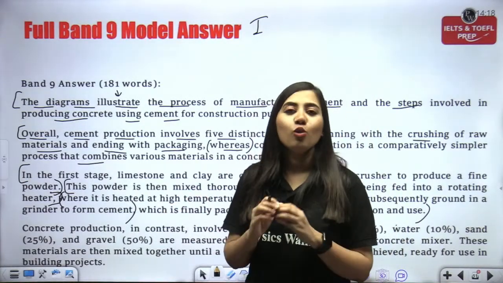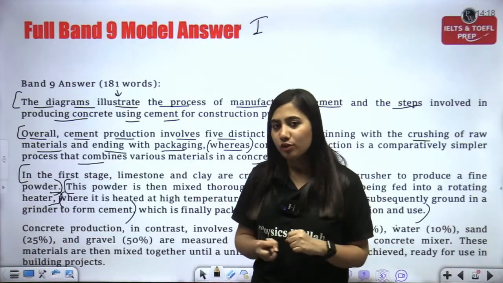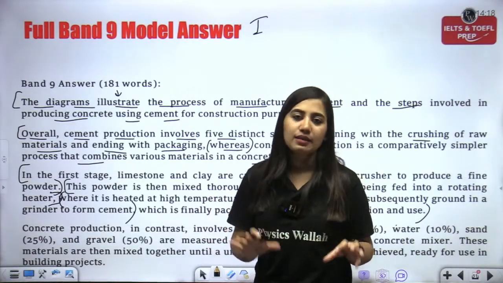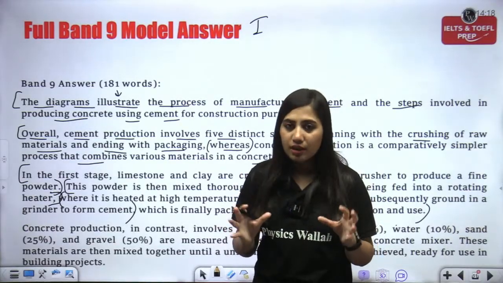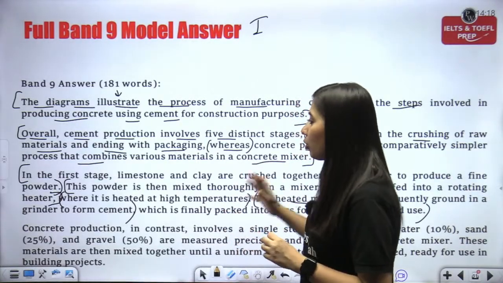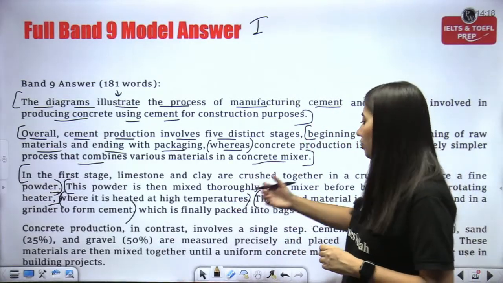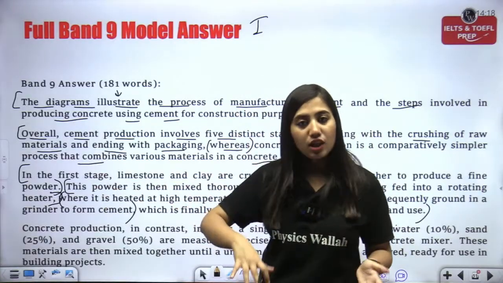Now guys, you don't have to misinterpret that this is the only language you have to use. You can use your own language also. You can have your own understanding of the figures. But what I'm trying to say is that you are supposed to use good words, like the contrasting word whereas, and the sequencers in the first stage, in the second stage, like that.